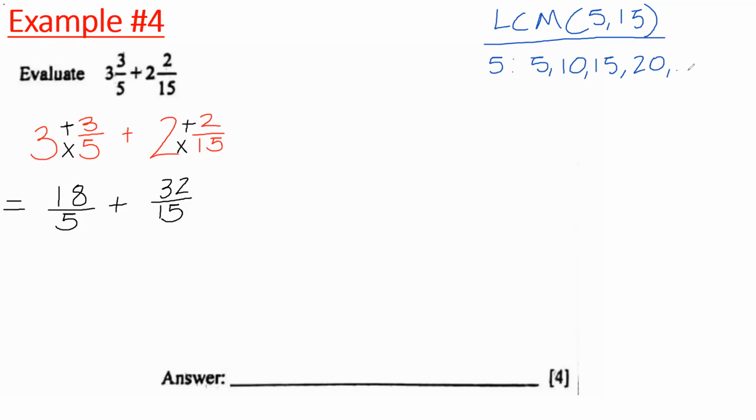Then we have the multiples of 15, which are 15, 30, 45, 60, and so on. Based on these two lists, what is the lowest common multiple of 5 and 15? 15, very good.